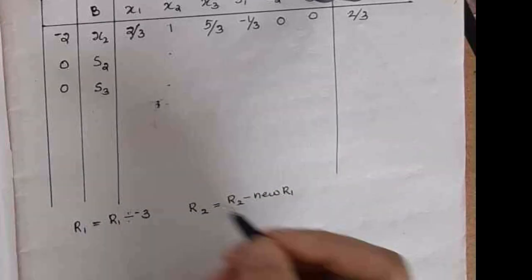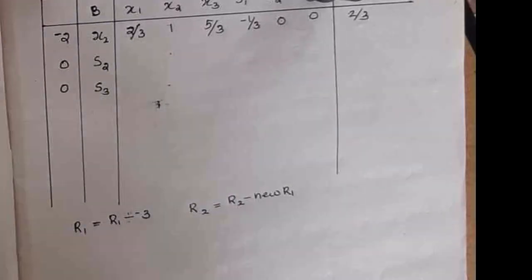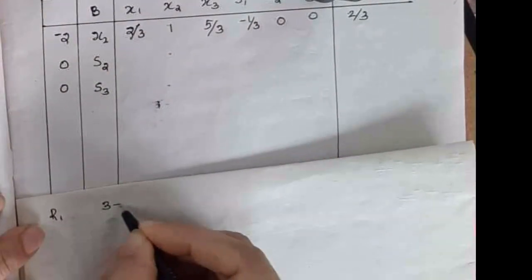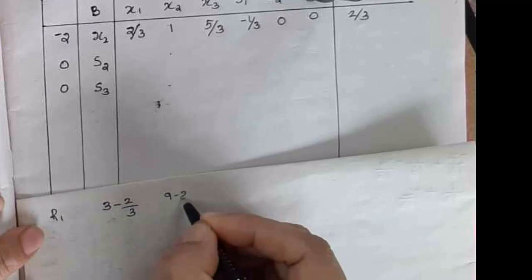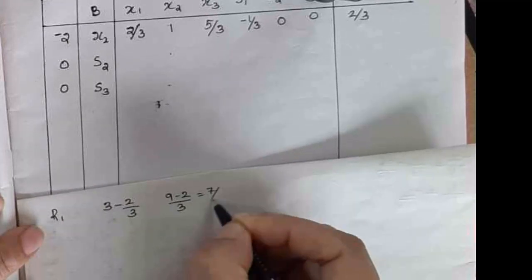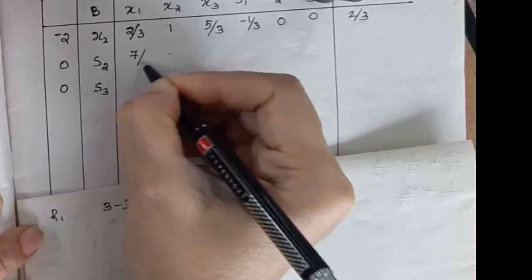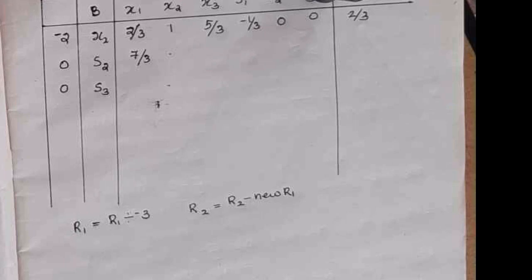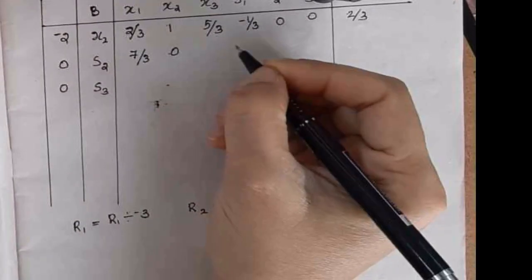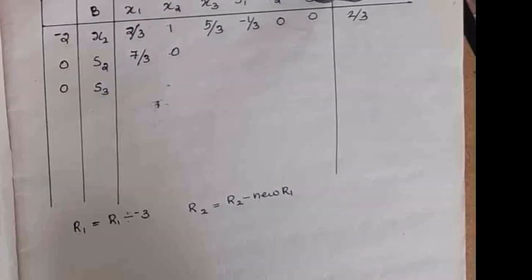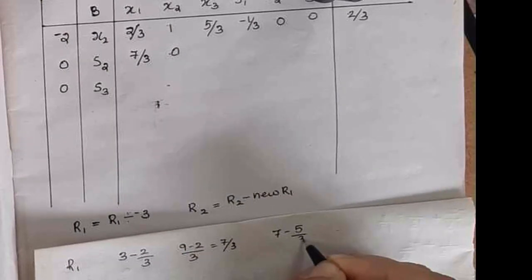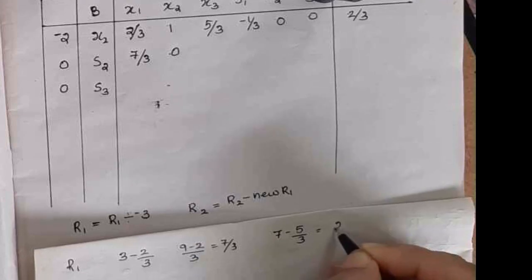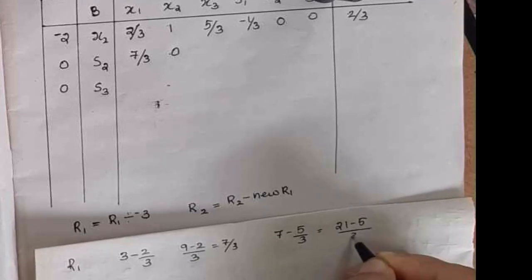So that will be 3 minus 2 by 3. You have 9 minus 2 by 3, that is 7 by 3. So you have here 7 by 3. And then you have 1 minus 1, that is 0. 7 minus 5 by 3 equal to 21 minus 5 by 3.